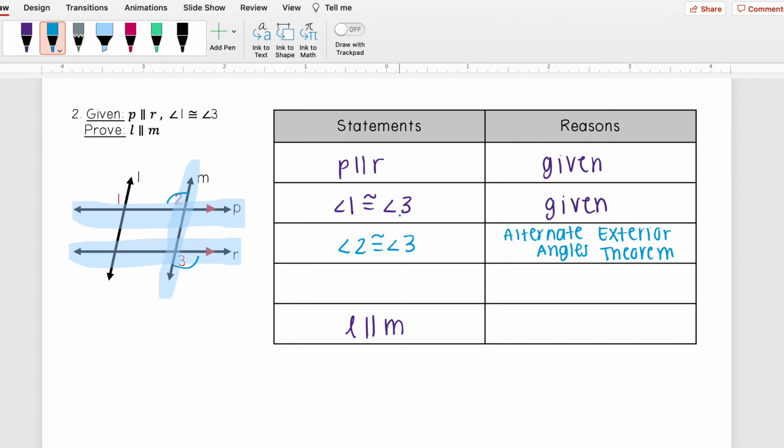Okay, since angle 1 is congruent to angle 3, and angle 2 is also congruent to angle 3, I then can say that angle 1 is congruent to angle 2. That's by the transitive property.